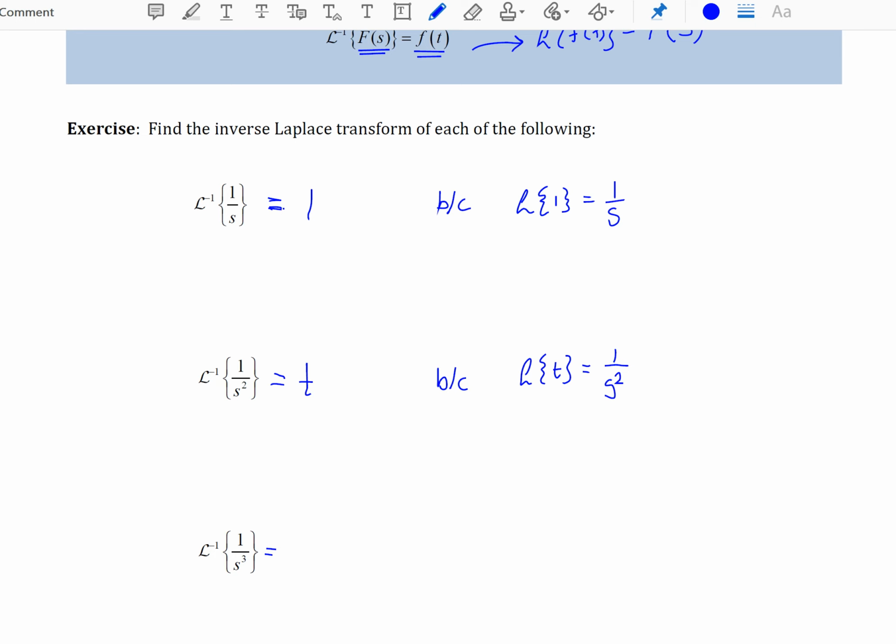Okay, so how about the inverse Laplace of 1 over s cubed? Since the exponent is a 3, it must have been that it was t squared. However, I don't think this is right. Notice that if you just did the Laplace of t squared, using our Laplace table, that would be 2 factorial over s cubed.